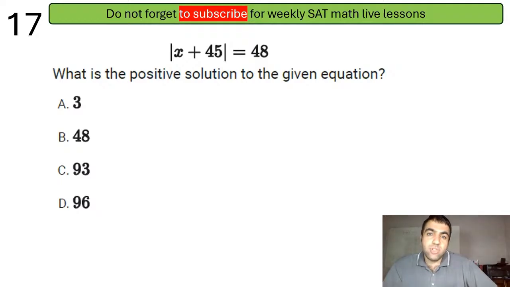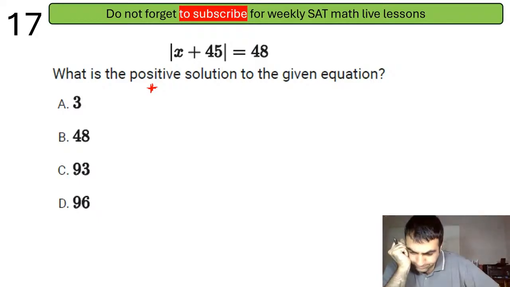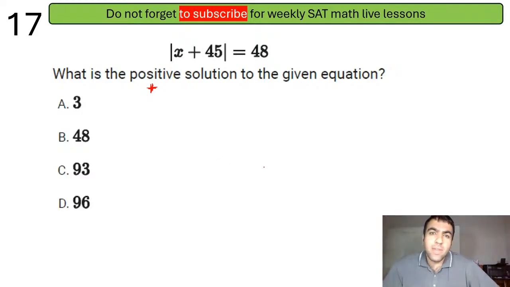What's the positive solution to the given equation? Positive solution we are looking for. Okay, you understood, Shaheen. I got you. Mr. Shaheen says it is A. Let's have a look.